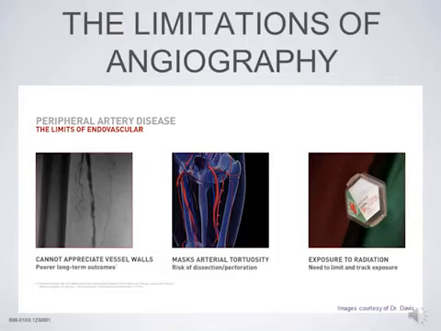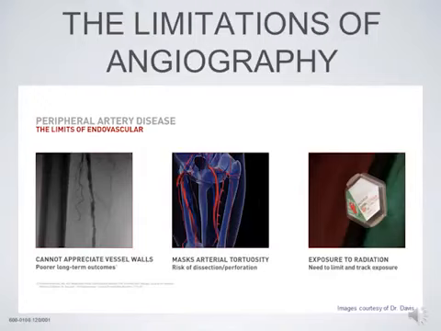Angiography is sort of the mainstay of what we've all been trained on for doing angiography and interventions. But what are the limitations? You certainly can't appreciate vessel walls. You can't appreciate it's a two-dimensional object that you're seeing, which is a three-dimensional vessel. So without multiple views, it becomes very difficult to ascertain the severity of disease.